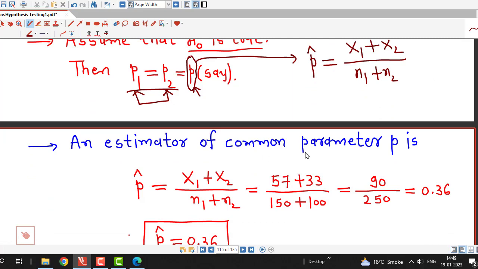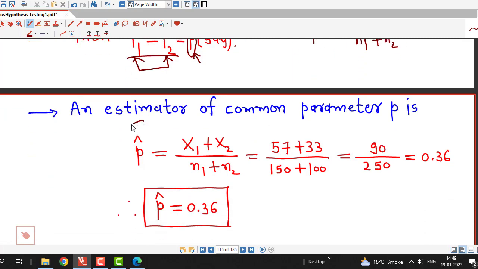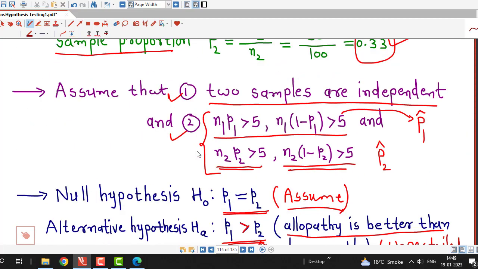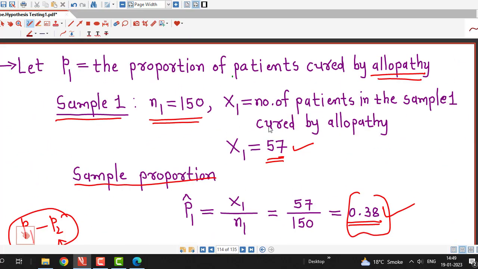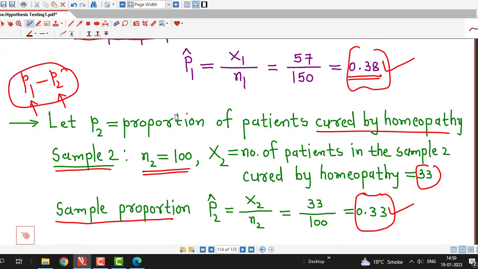An estimator of common parameter p is p hat equal to capital X1 plus capital X2 divided by n1 plus n2, and we have all these values. Capital X1 means number of patients cured by allopathy, which is 57, n1 is 150.